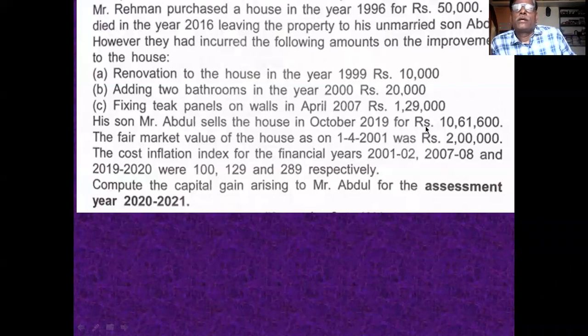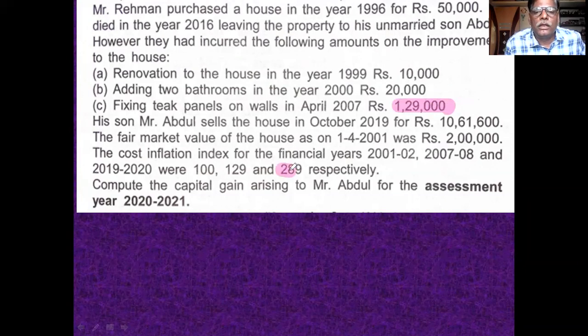Okay. 129 is the cost. Multiply by the present index, which means multiply by 289.